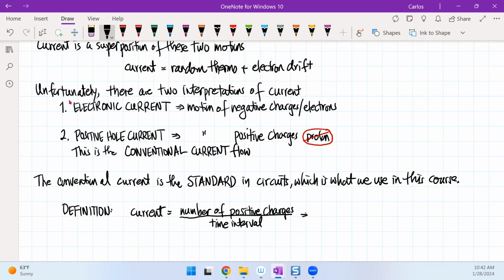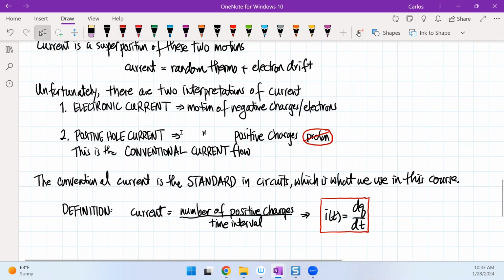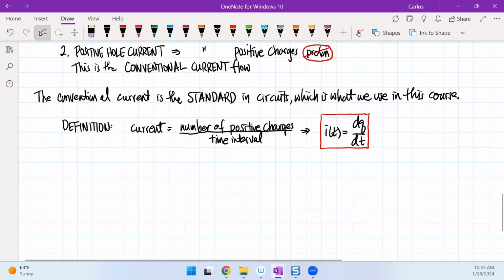So mathematically, we write this as i(t) is then going to be dq/dt. This is our definition of current right here. And we've already talked about the units being amps, so we'll stick to that. 1 amp is about 10 to the 25 electrons passing through some cross-sectional area. But this is something that you've already discussed in your Physics 4B class.